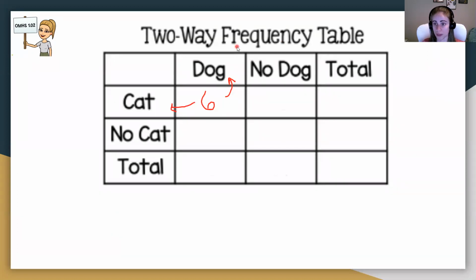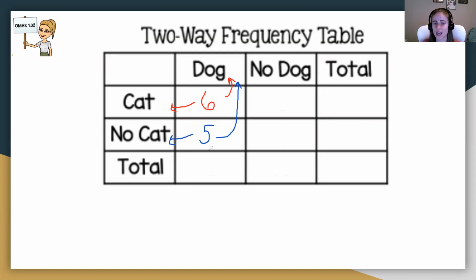So if our information says that 6 people surveyed own both a cat and a dog, that total will go right here. Now, also when surveyed, there were 5 people that own a dog only and don't have a cat. That will go in this box because this box is overlapped for yes, we have a dog, but no, we do not have a cat.